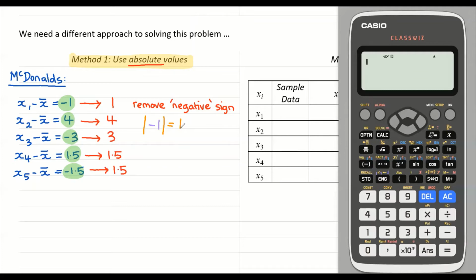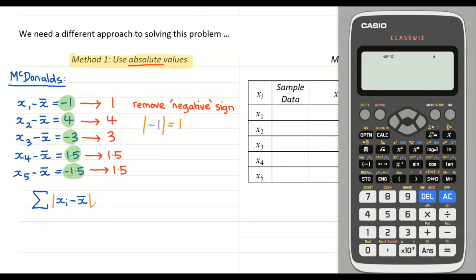So the way we could write this in notation is quite nice. To find this magic number, this average distance from the mean, we could take the sum of all the xi minus x bar, but we want the absolute values of them. So we're going to stick a bar around each side.